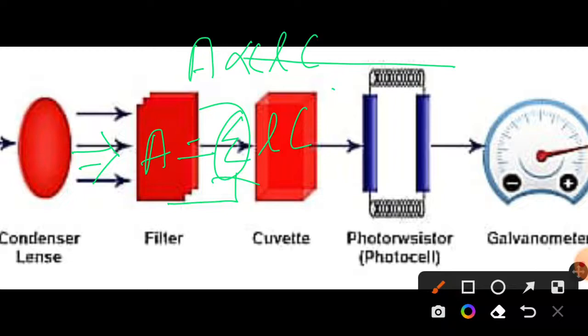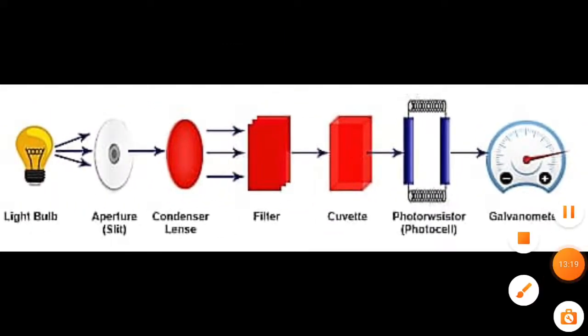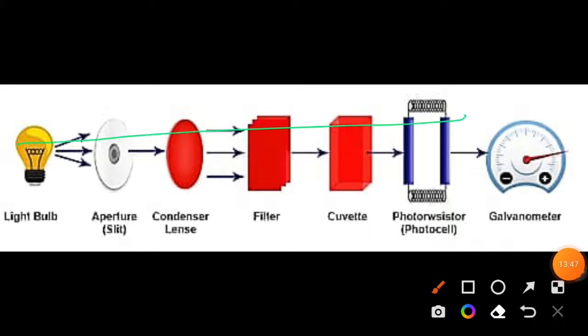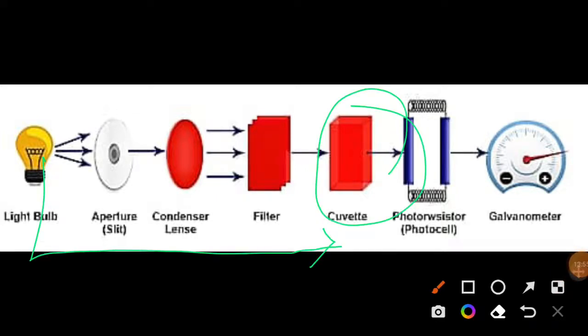Here we are getting a result which is directly proportional to the intensity, right? I have also discussed in the previous video that we will get the value in the form of transmittance, which is the ratio of transmitted light and incident light. Why? Because we have performed the experiment for the sample, and simultaneously we will also run an experiment where in the cuvette there will be only distilled water.